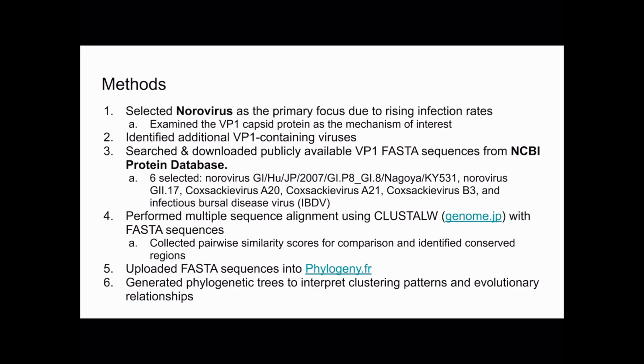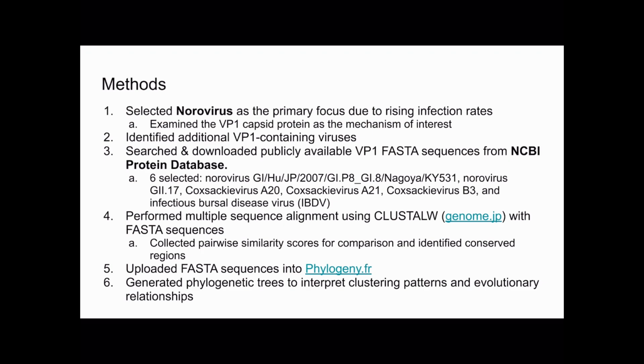Following that, we identified other VP1 containing viruses, and we downloaded their VP1 FASTA sequences from the NCBI protein database to analyze. We then performed multiple sequence alignment using genome.jp with those FASTA sequences to compare their similarity scores and see how similar the VP1 spike protein sequences for these different viruses were.